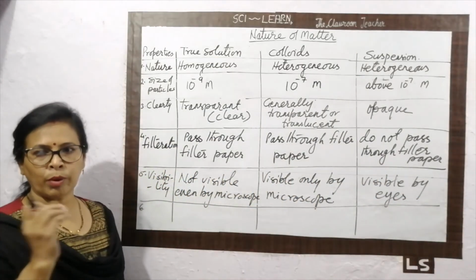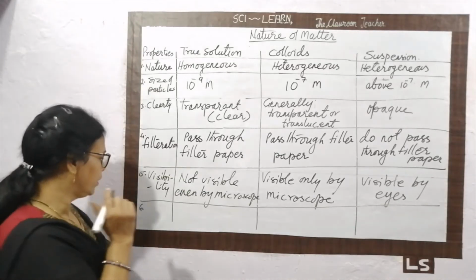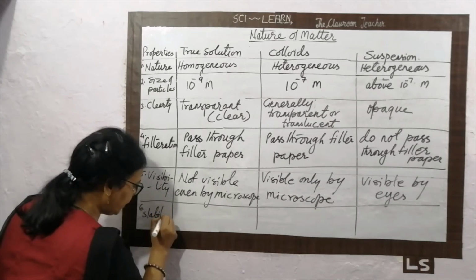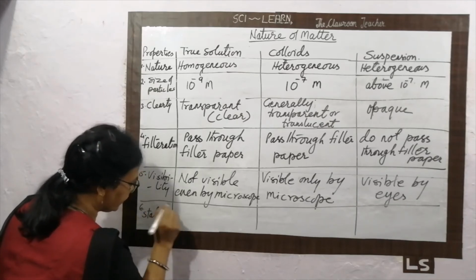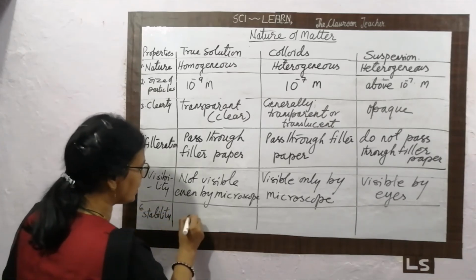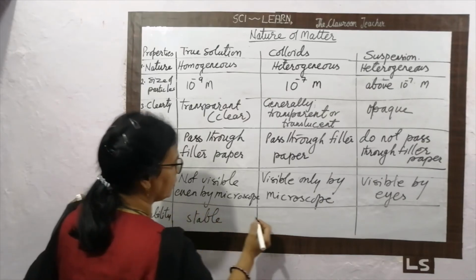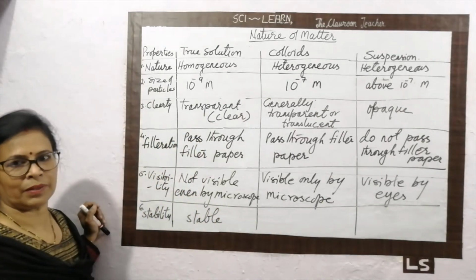One more property we are going to take, that is stability. A solution is purely stable. A colloid is somehow stable.